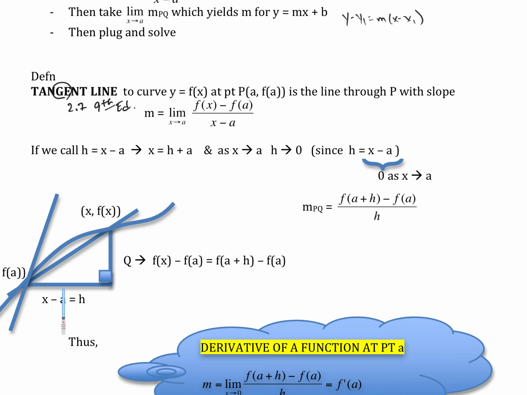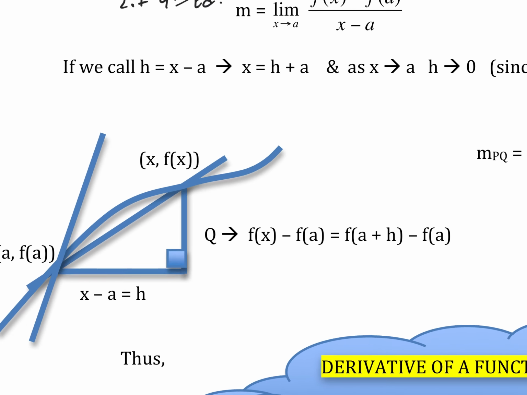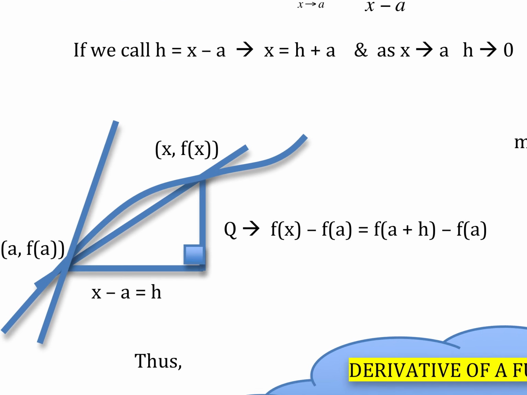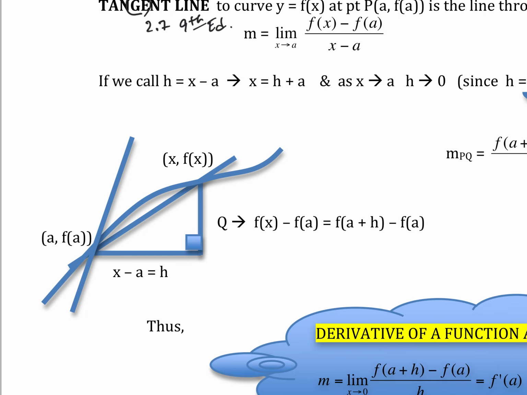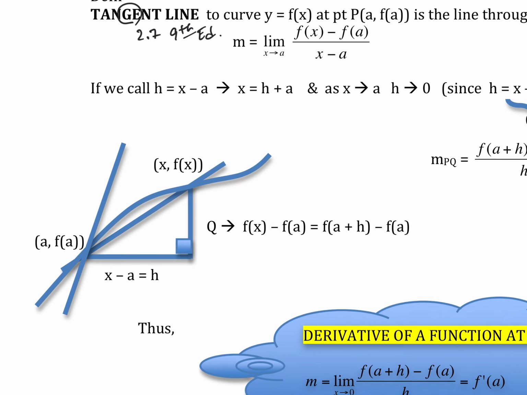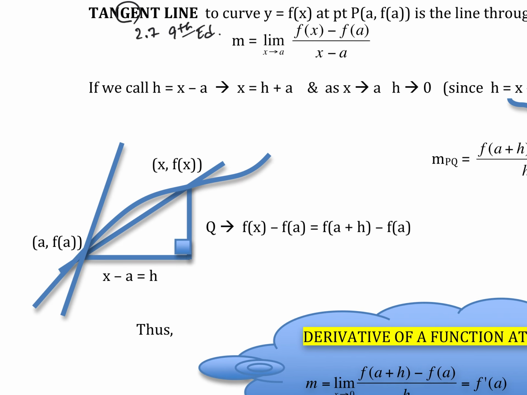Let me slide this up a little bit so we can get a better look, and I'm going to zoom in. I want to call this distance from here to here h.